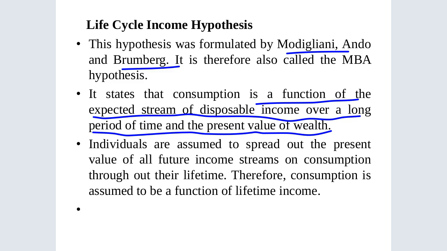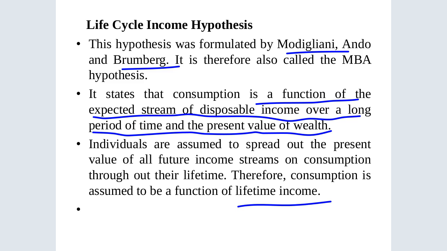Individuals are assumed to spread out the present value of all future income streams on consumption throughout their life. Therefore, consumption is assumed to be a function of lifetime income.